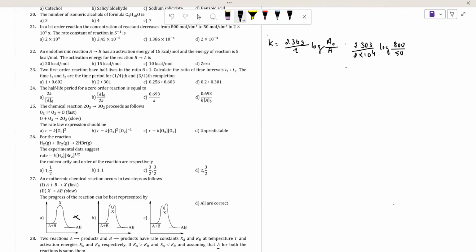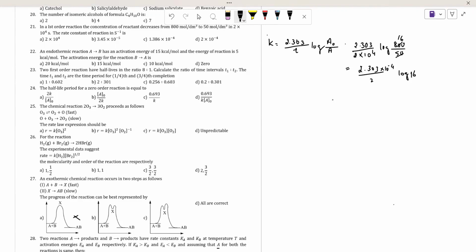On simplification of this equation, we will get 2.303 divided by 2. I am taking 10 power 4 from the denominator to the numerator, so it will become minus 4, and you will get here 50 ones are 50, 16.